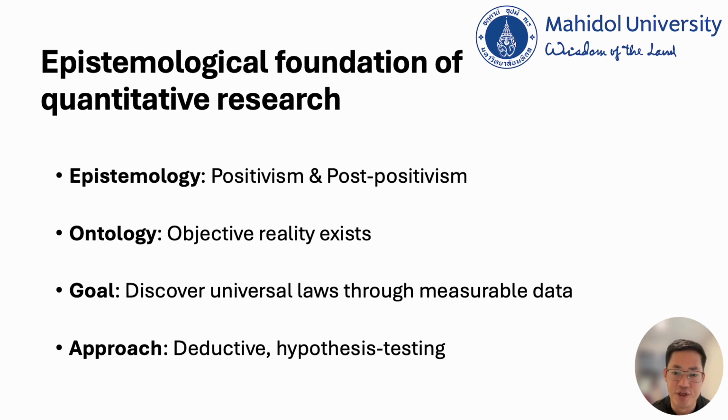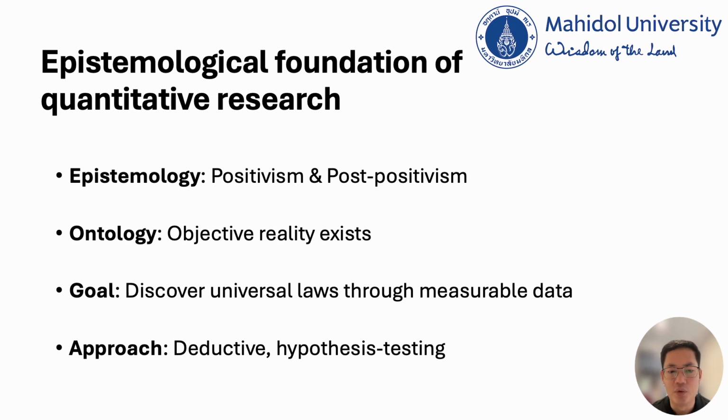Next is ontology, or how we view reality. Quantitative research assumes that there is a single, objective reality that we can measure and understand through data. The main goal is to discover general laws or patterns using structured methods and statistical tools.